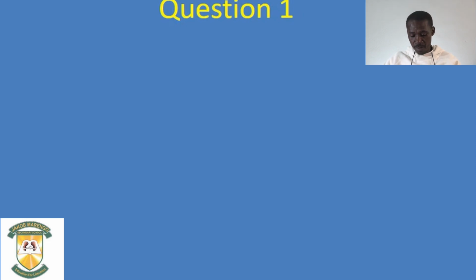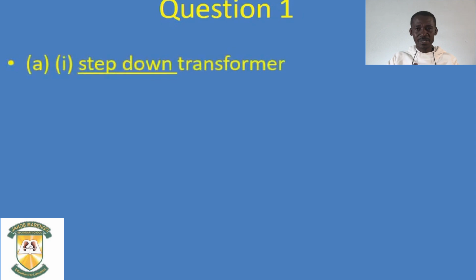Secondly, you were supposed to name the part labeled A. When making transformers, we make use of soft iron. So A is a soft iron core.